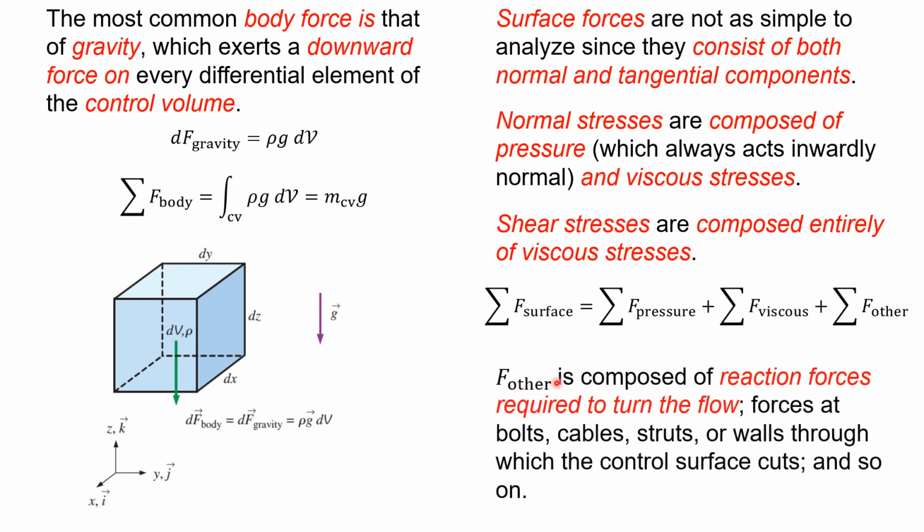So the other force is composed of reaction forces required to turn the flow, forces at bolts, cables, struts, or walls through which the control surface cuts, and so on. Other types of forces are mostly negligible, but at times if the force must be taken into consideration, then you need to add it under the other forces.